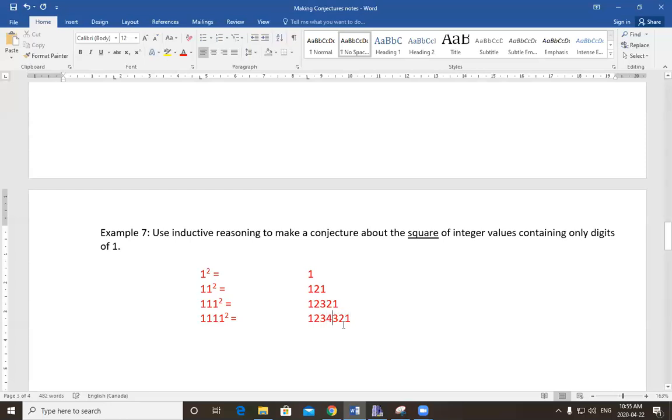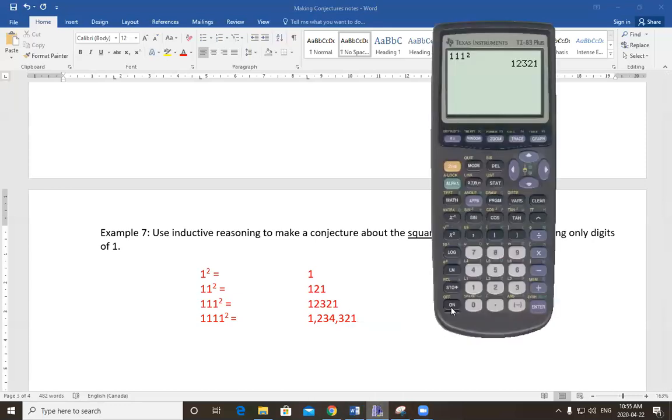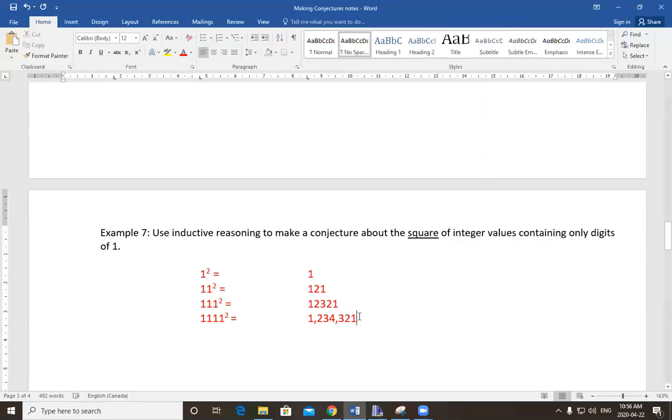So that would be 1,234,321. Let's see if our conjecture is right. 1,111 squared, you get 1, 2, 3, 4, 3, 2, 1. Okay, so now it's just a matter of putting this into words.